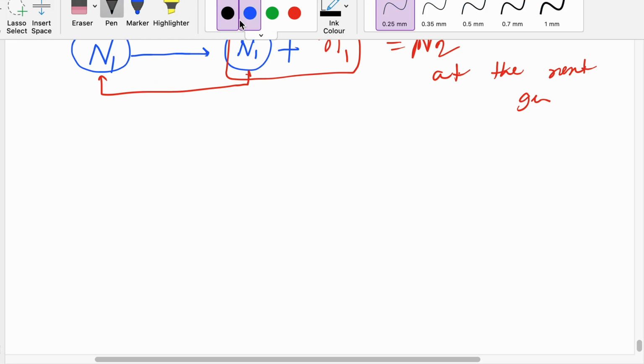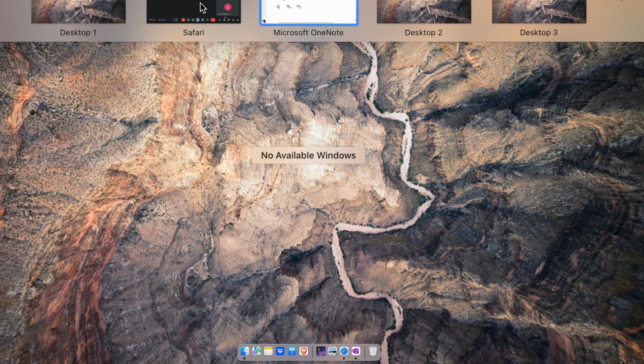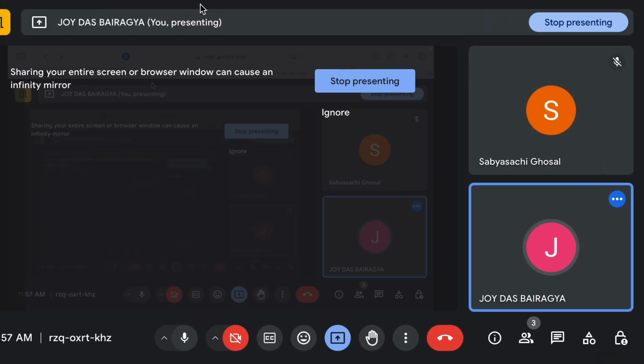If the per capita growth rate of a continuous growth model is dN/dt, can you tell me what will be the equivalent of this in the case of discrete populations, where my state is n1 in the first generation, then n2 in the second generation, n3 in the third generation? Can Subhuja ji guess what it should look like?